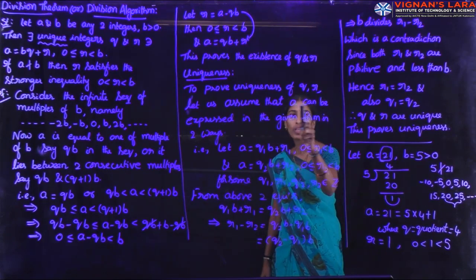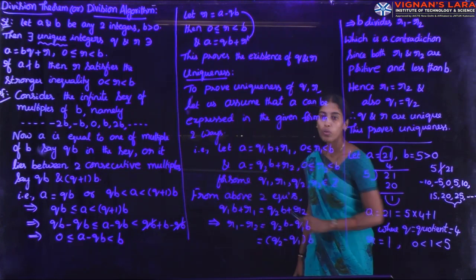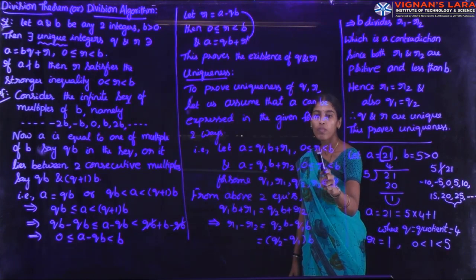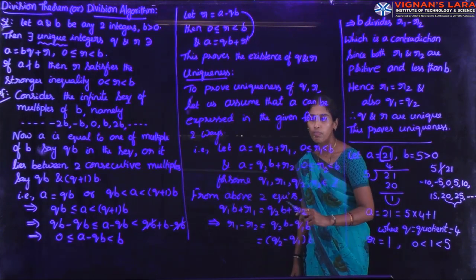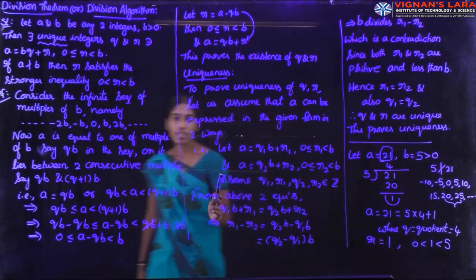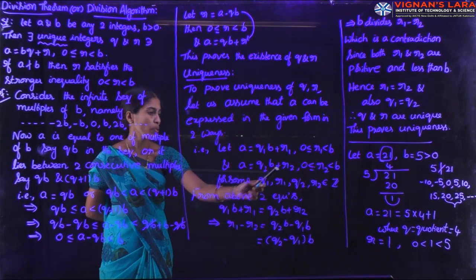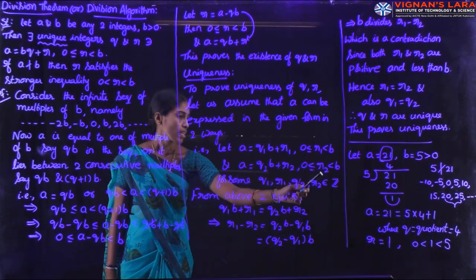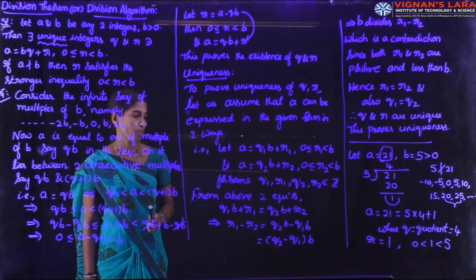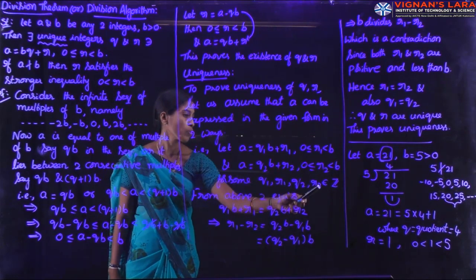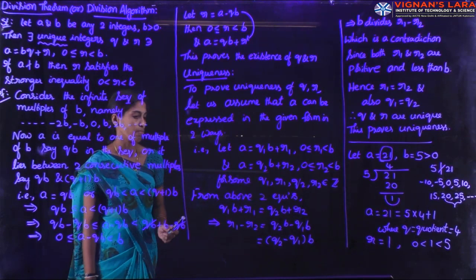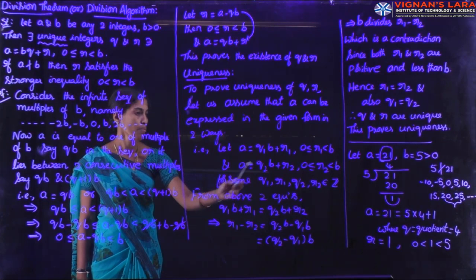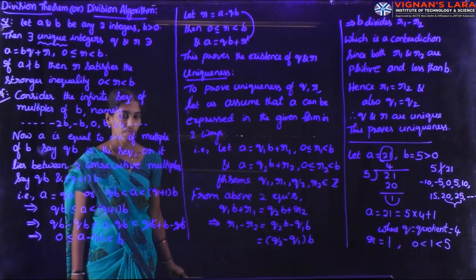So let us assume that A can be expressed in the given form in two ways. So let A is equal to Q1B plus R1, where R1 value is in between 0 and B, and A is equal to Q2B plus R2. This is the second way of expressing A. 0 less than or equal to R2 less than B, for some Q1, R1, Q2, R2 belonging to Z. From these two equations, LHS are the same, so equate RHS.